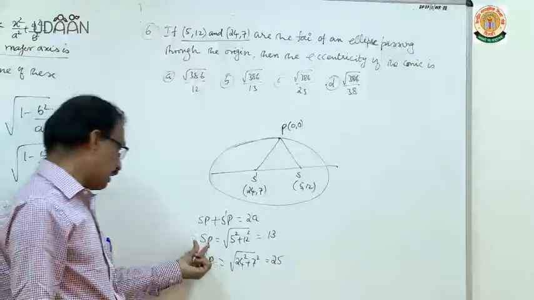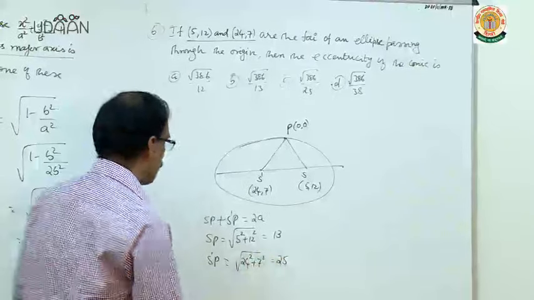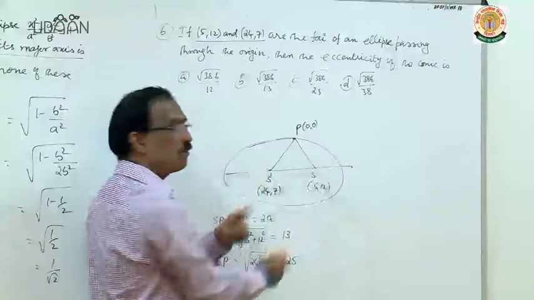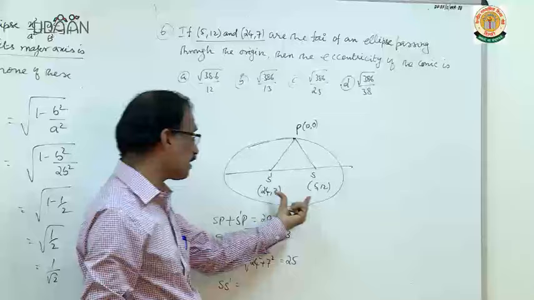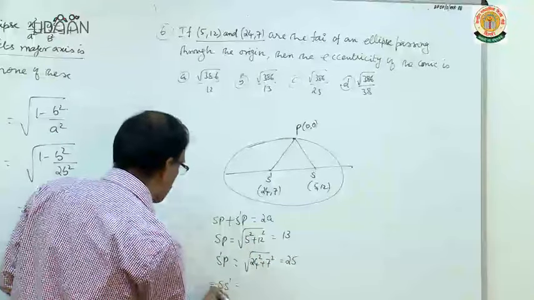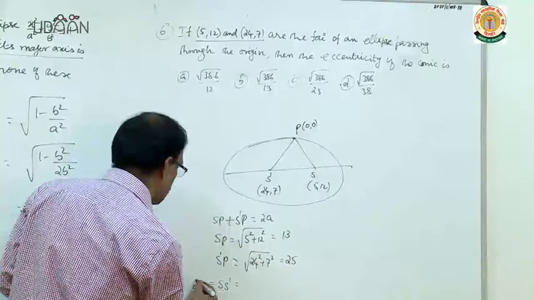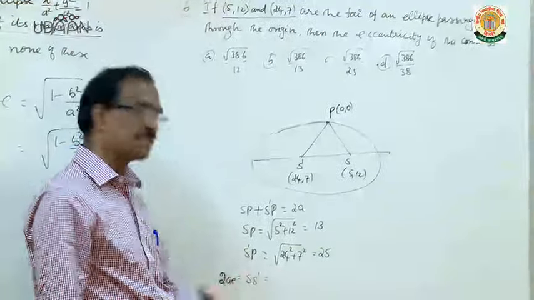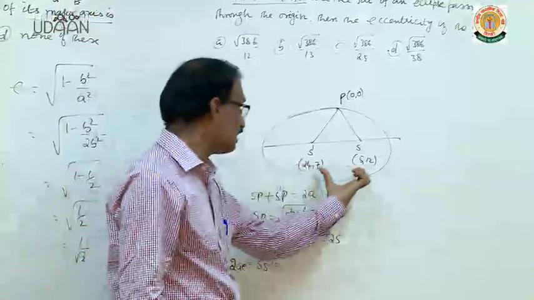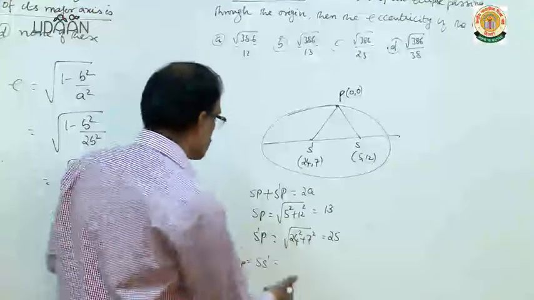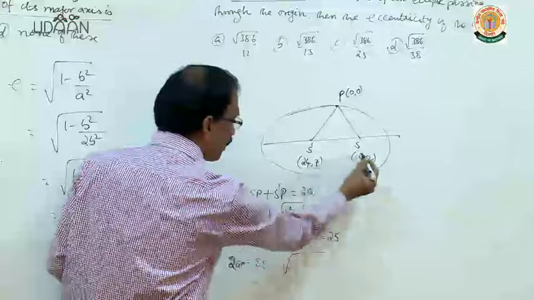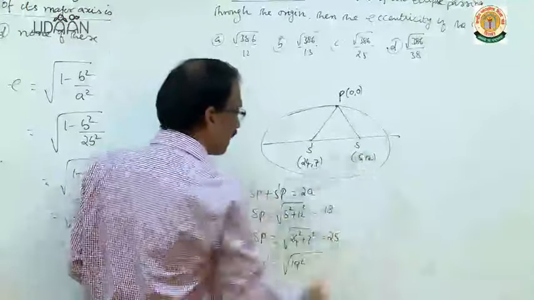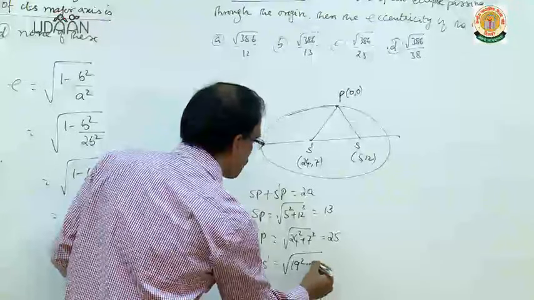So now we got SP and S'P. Now what is SS'? That is the distance between the foci. The distance between foci, what you get normally, is 2AE. So 2AE is SS'. SS' is the distance between these two, so that is the root of 24 minus 5, 19 square, plus 7 minus 12, that is 5 square.